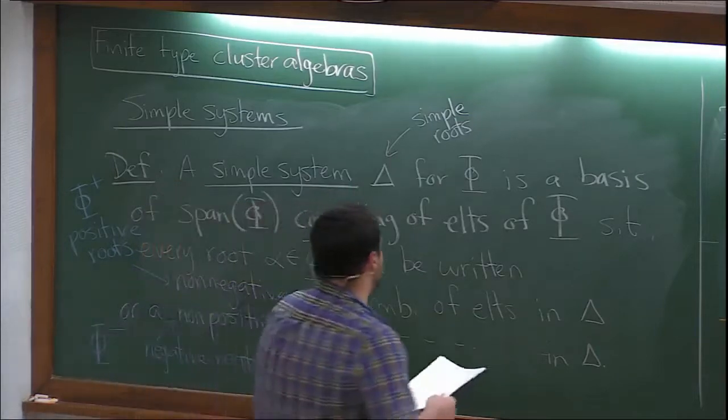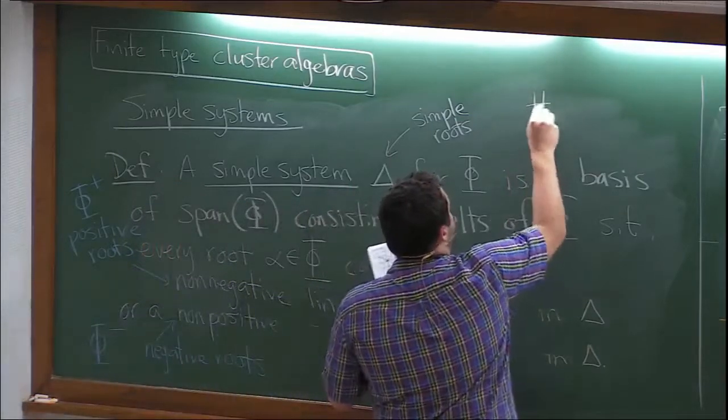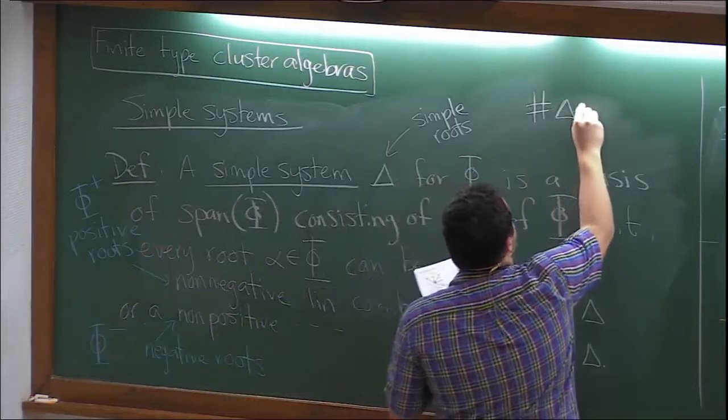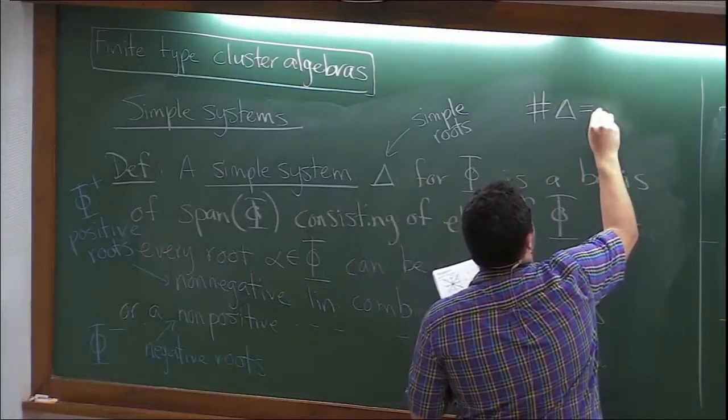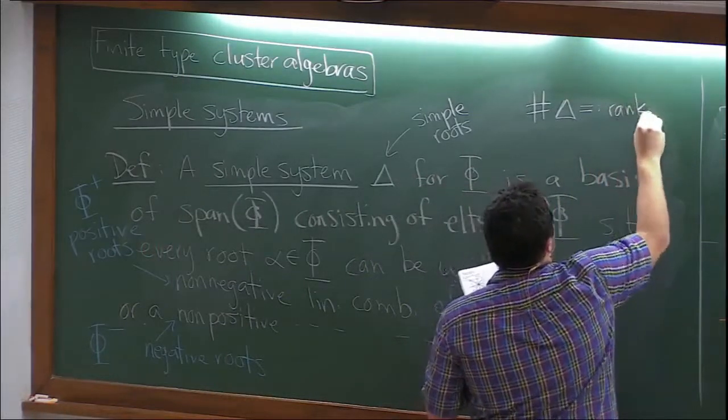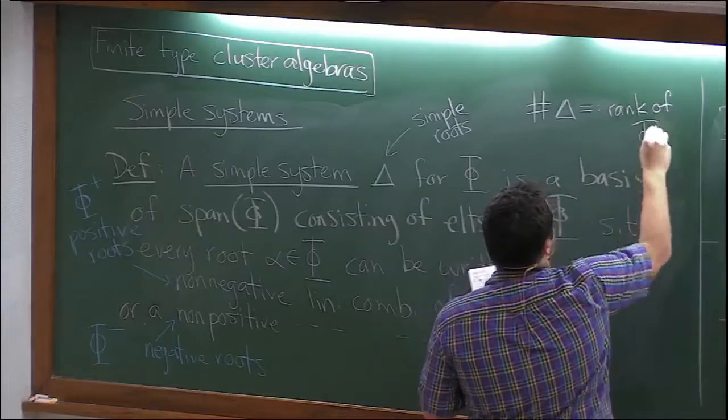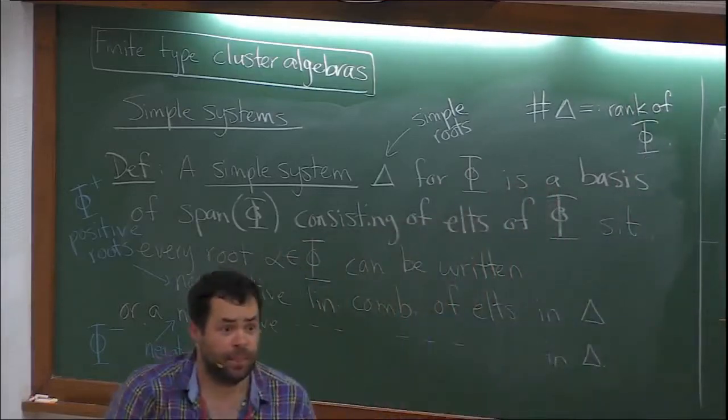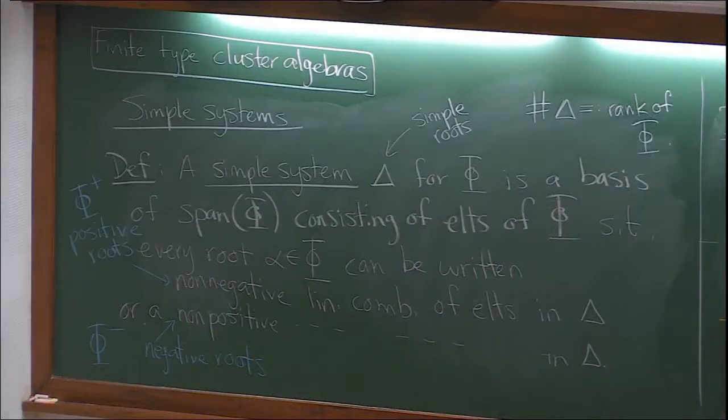So the cardinality of this set, that's what we call the rank of my root system. Okay? So let's go back to this example of symmetries of the triangle. Any questions?